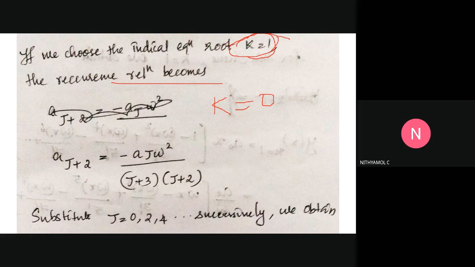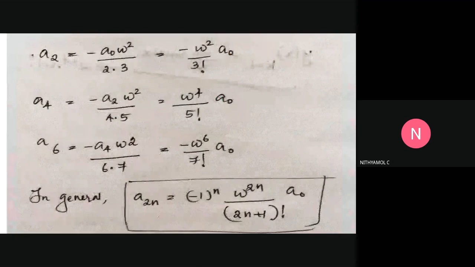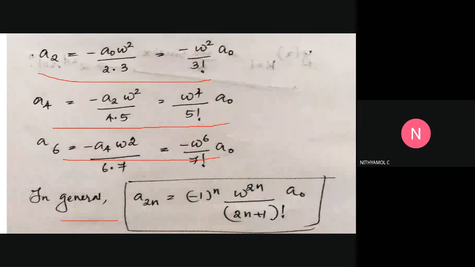Then a_{j+2} is equal to minus a_j omega square divided by (j+3)(j+2). Substitute j is equal to 0 to 4 successively. We obtain a2, a4, and a6, and in general a_{2n}, this is for k is equal to 1.